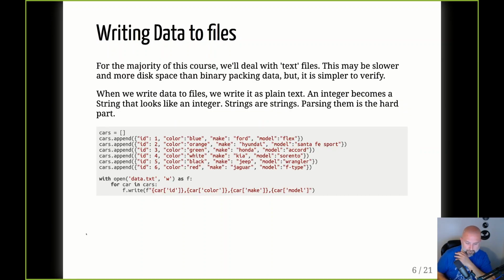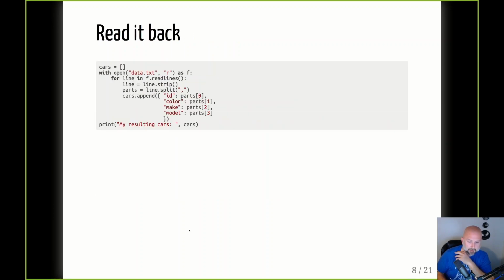I do like my formatted strings, so we'll use formatted strings all over the place. Then we can read that file. So I'm going to introduce a couple of new things in here real quickly in these 7 lines of code. Here I want to start with an empty list, again called cars. This would be another program, the second program that would read the data from that file.